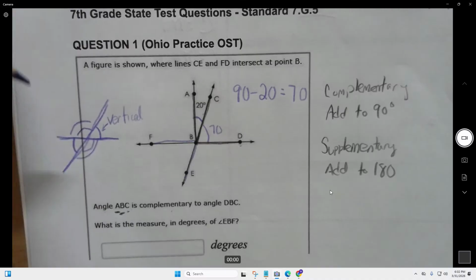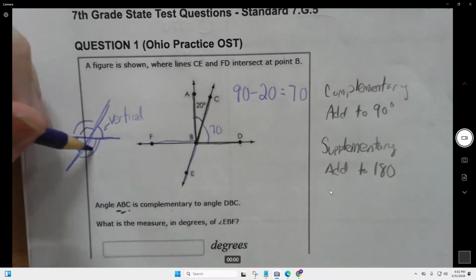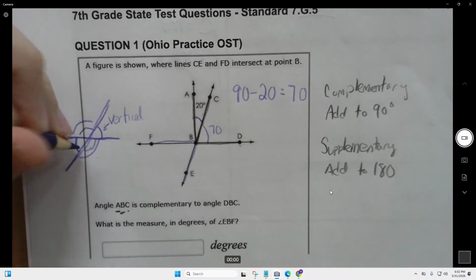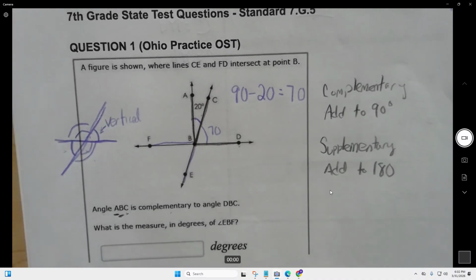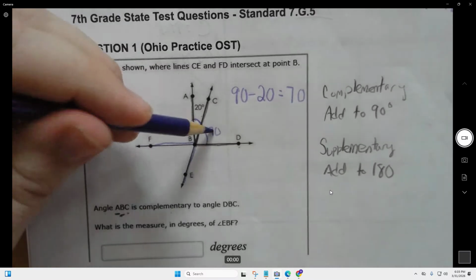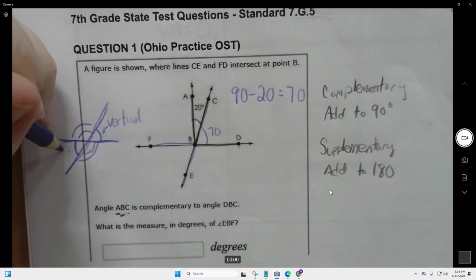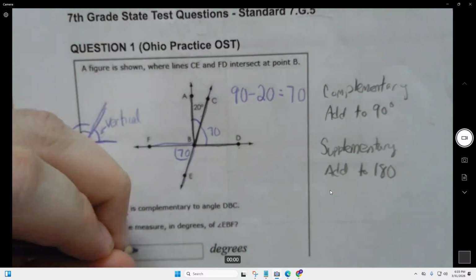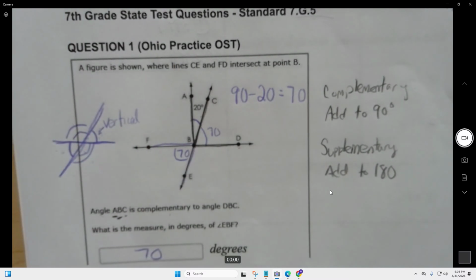I'm going to put two lines so that you know that they're not the same. Vertical angles are essentially across from each other at the crossing of a line. Vertical angles have equal measure. So if this were, say, 70, then this would be 70. So since this is 70, this is also 70, so therefore the answer is 70.